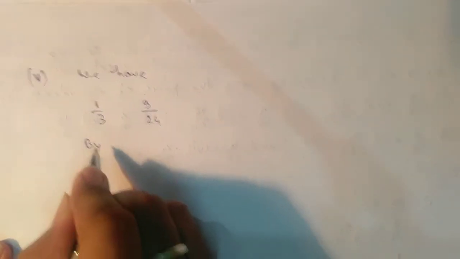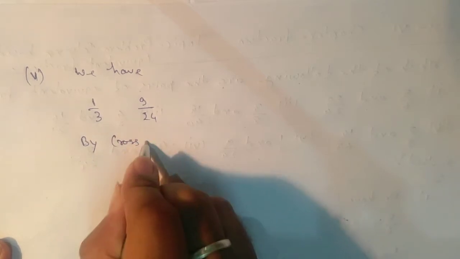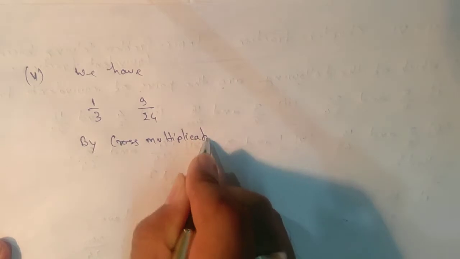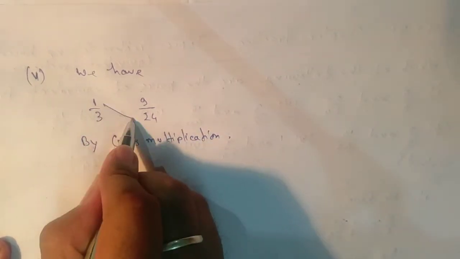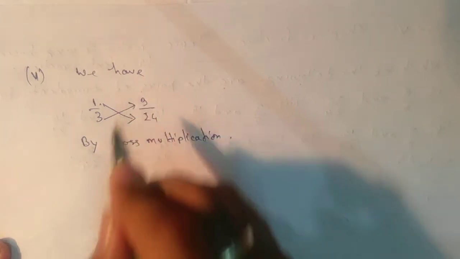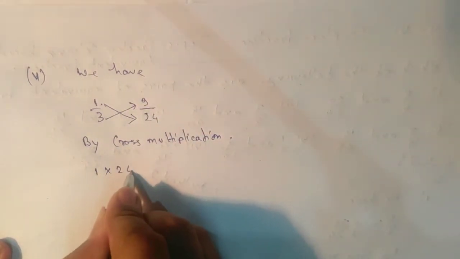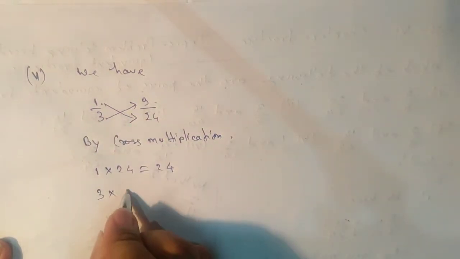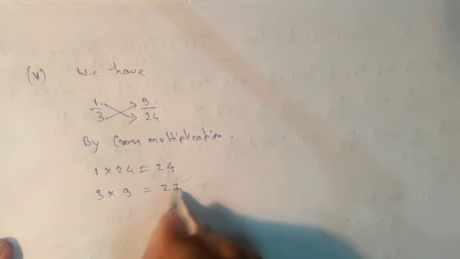By cross multiplication, this will be multiplied. 1 will multiply with 24 and 3 will multiply with 9. That means 1 into 24 will give you 24 and 3 into 9 will give you 27.